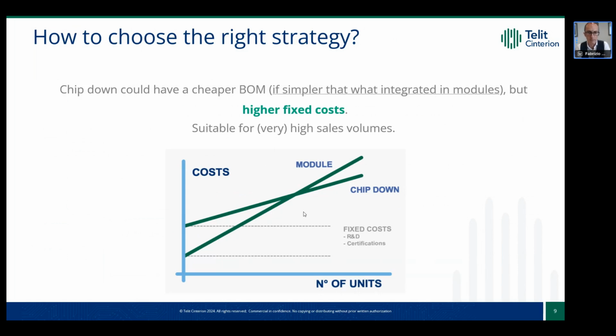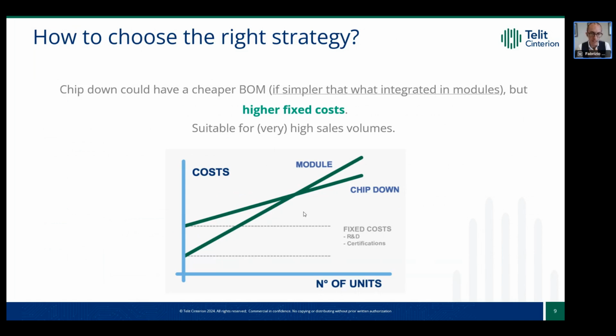If you need, for example, less RAM, less flash, you don't need the Wi-Fi, you don't need the Bluetooth, and so on, using a chip-down approach you can optimize this cost, and you can have a cheaper BOM. In this case, of course, in a chip-down approach, you have a much higher fixed cost.